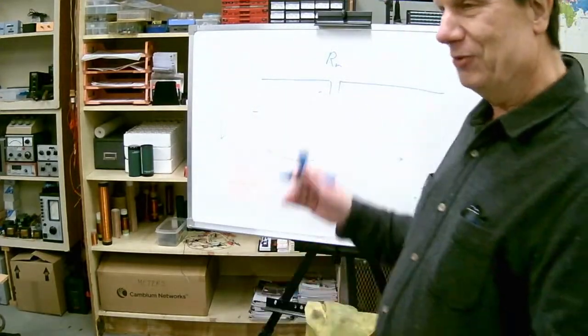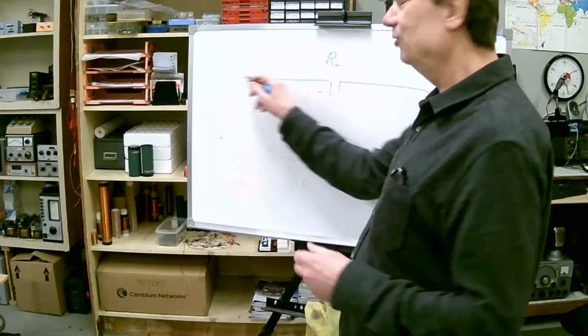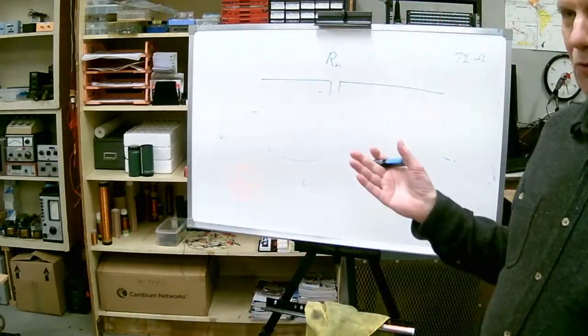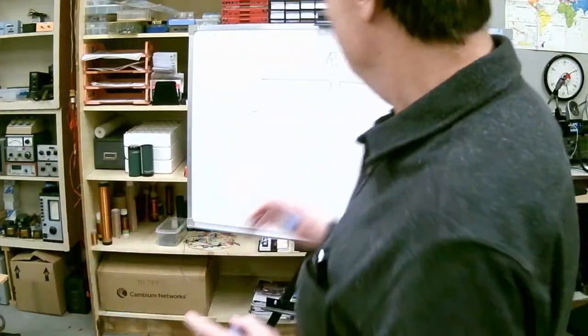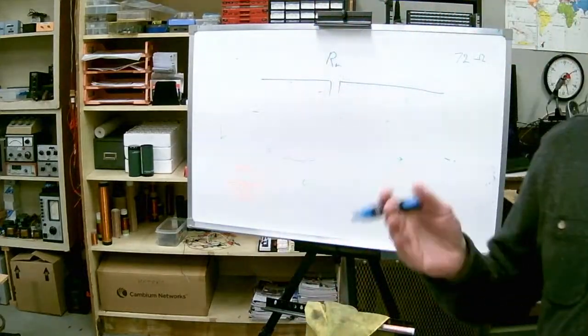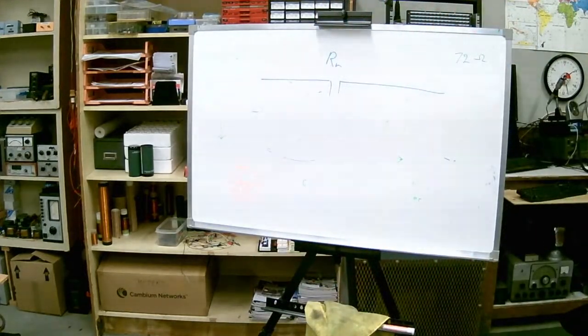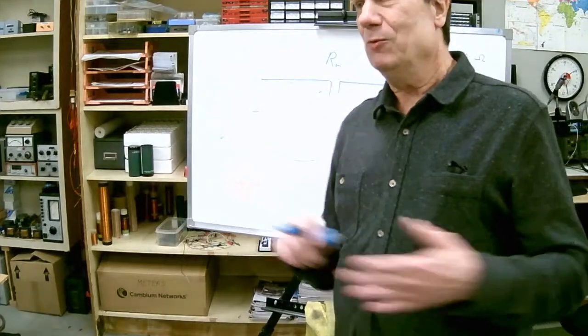Well, because if we have a generator, the voltage and current are going to be in phase as long as this is resonant. If we're too high or too low a frequency, there's going to be a phase shift. But as long as this is resonant at the feed point, the voltage and current are going to be in phase. Now, what's really interesting about this is we won't measure any heat here.